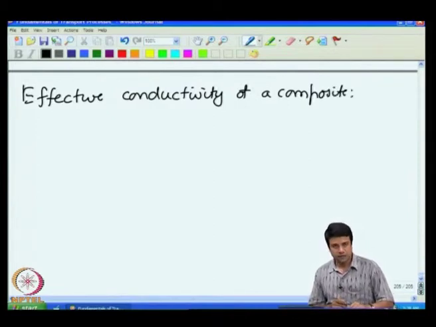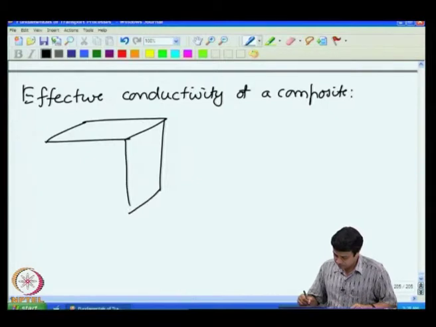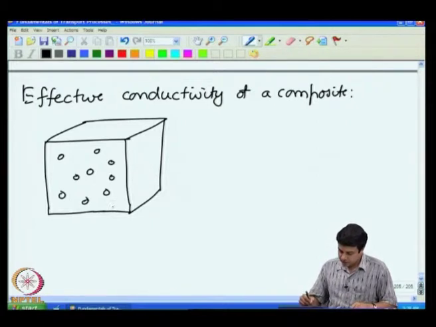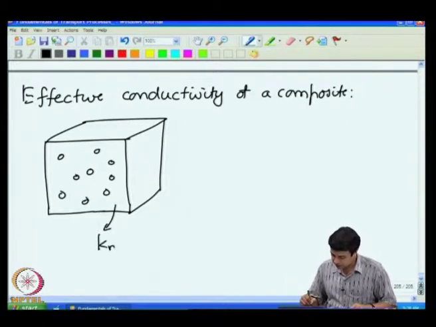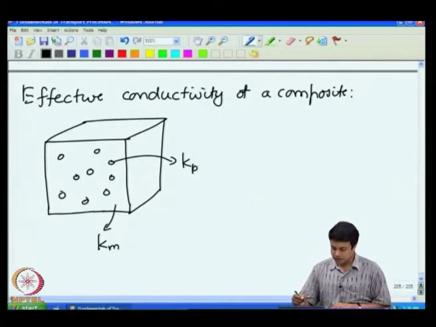I have some composite material which has spherical inclusions in it. The matrix has conductivity Km, the particles have conductivity Kp. And I want to find out what is the effective conductivity of the medium as a whole.